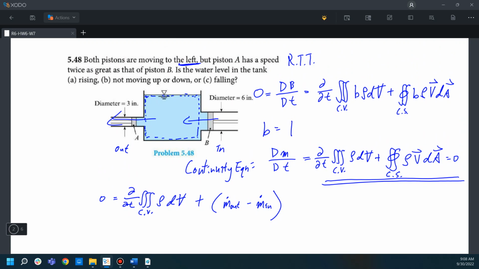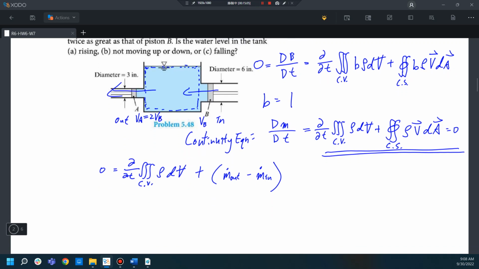So let's say piston A has a speed twice as great as piston B, so we have the velocity VB at piston B, and VA is equal to 2 VB.